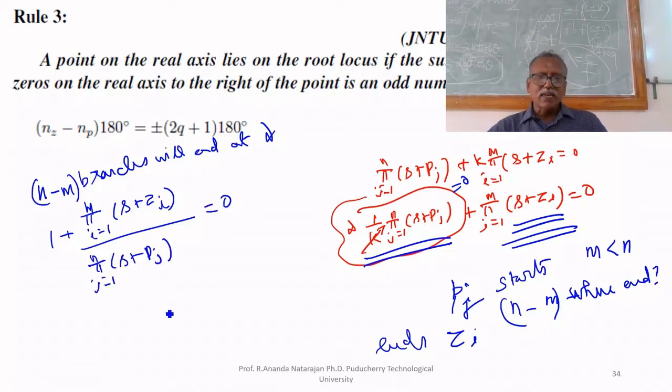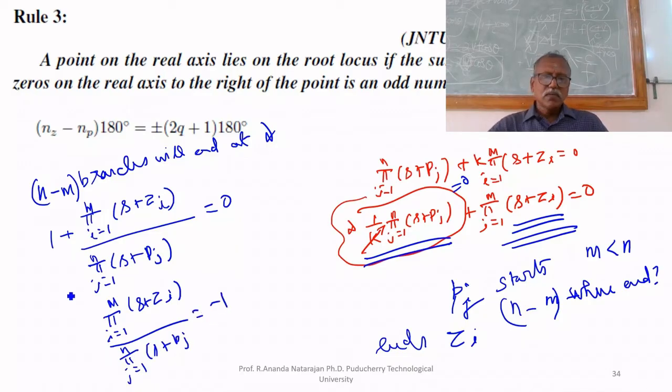I put I earlier, so now also I put I. Or I can say that product of i equal to 1 to m, s plus zi, upon product of j equal to 1 to n, s plus pj, equal to minus 1. Already K is there in the numerator. If you bring that K to the right hand side, you will get 1 by K. When K tends to infinity, it becomes 0.